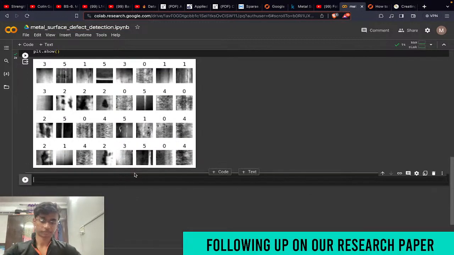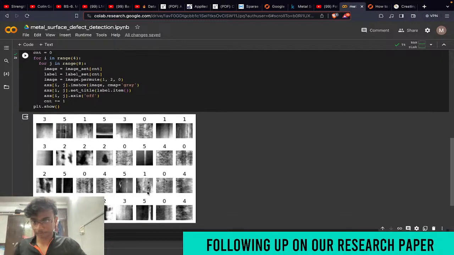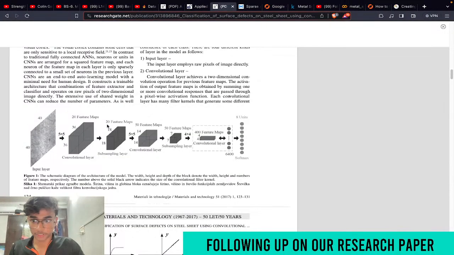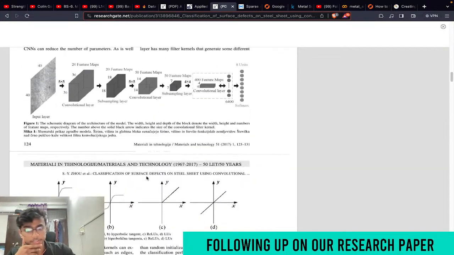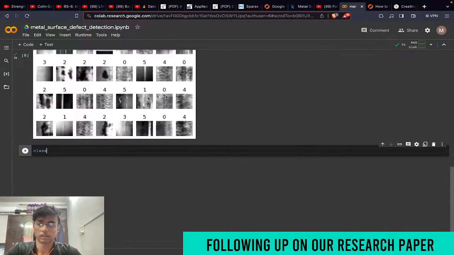So what we are going to do is make this same model here. We have resized our images into 40 by 40, with a single channel because of the grayscale images. We used a 5 by 5 kernel, then max pooling. I think I read the paper correctly. So let's quickly make this class model.